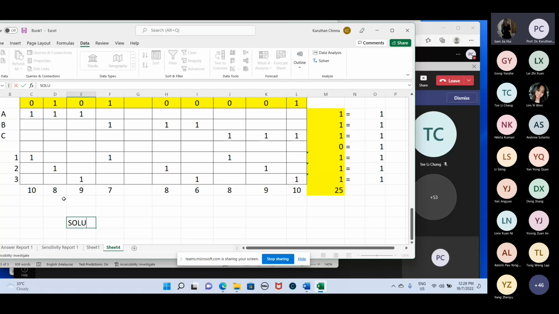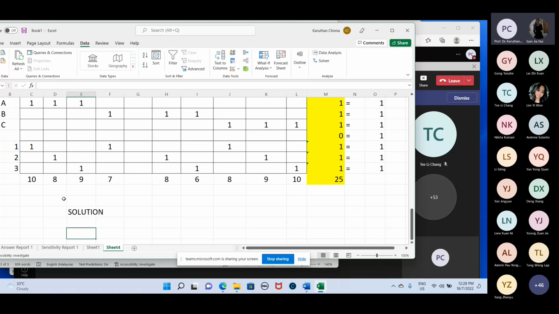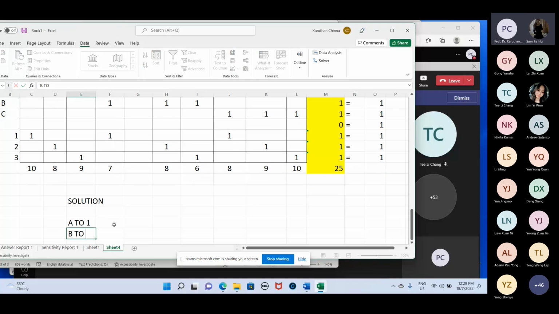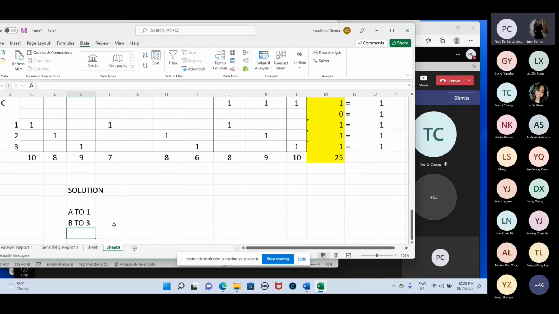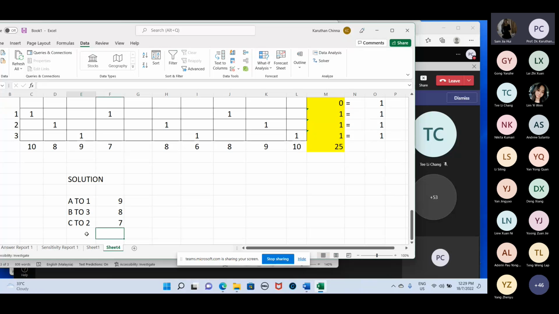A to project 1, B to project 3, C to project 2, and here the score. Let's say this 8, 9, right? And then total cost. Just add it up. I won't see the details.